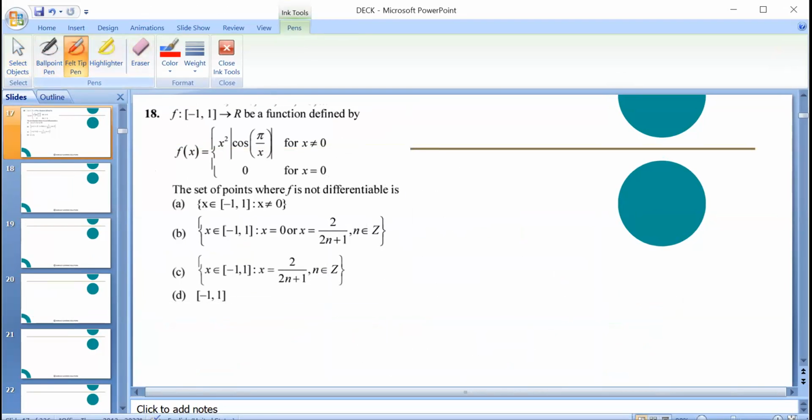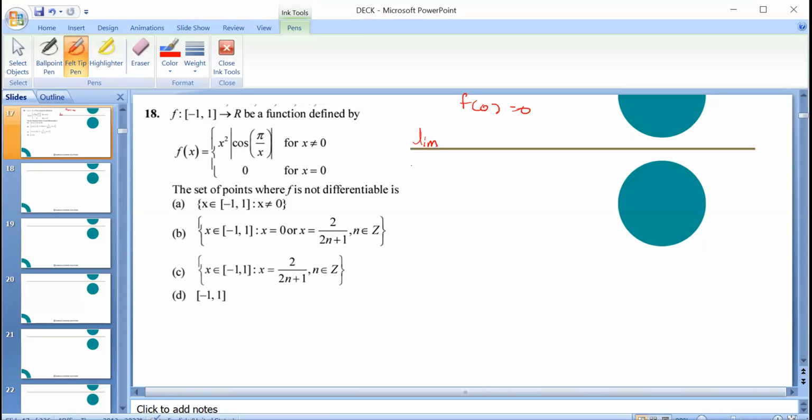F is a function given as x square mod of cos pi by x for x not equal to 0 and 0 for x equal to 0. The set of points for which this particular function is not differentiable, that we have to find. First, we will see what is at 0, f of 0 is 0.